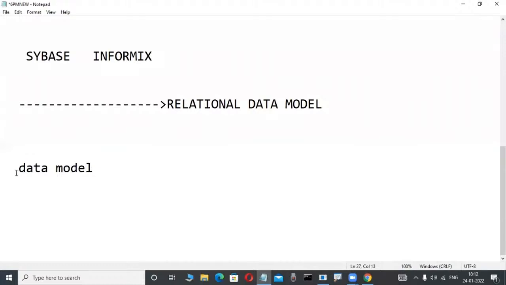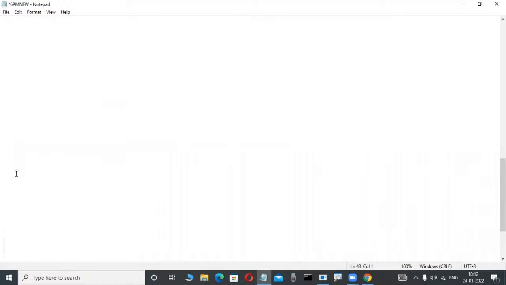Slowly observe here. Anybody attending the previous class, I am telling one thing. Suppose Oracle is a product here. This Oracle database or relational database, anything, Oracle database has two types of structures, as I told in the previous classes.